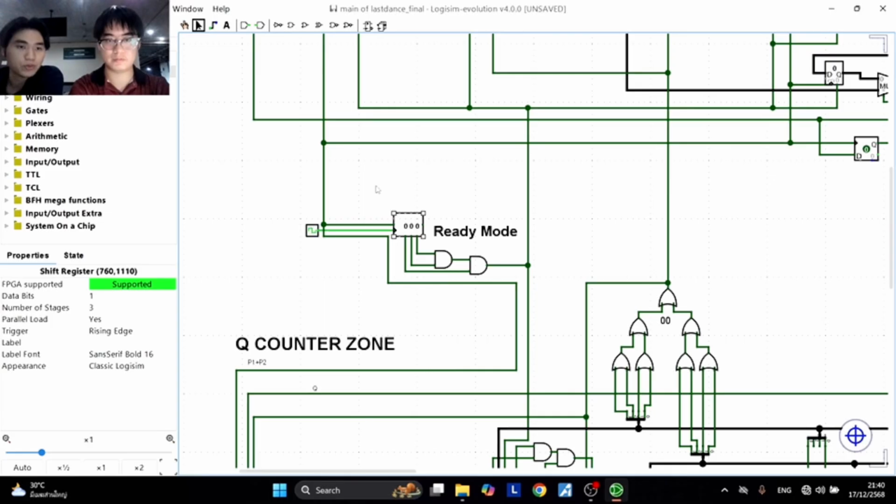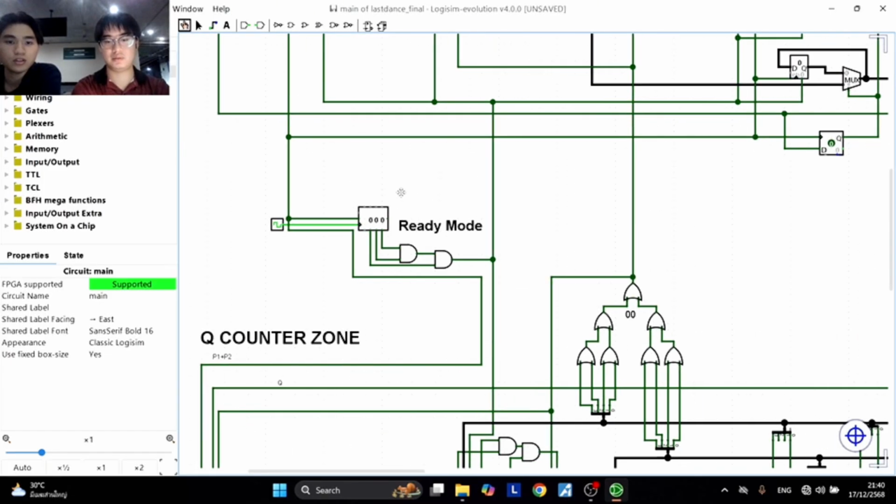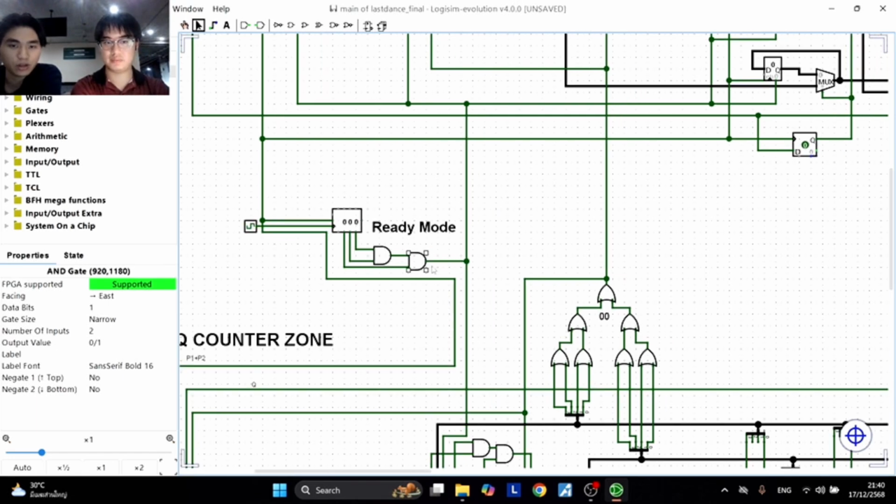We are going to use the shift register as the main function of this mode. We connected the clock to the clock tick and P1 or P2 to give us the data. When we press P1 or P2 for 3 seconds, this number is going to show 111, and we add it together until we get the output 1.